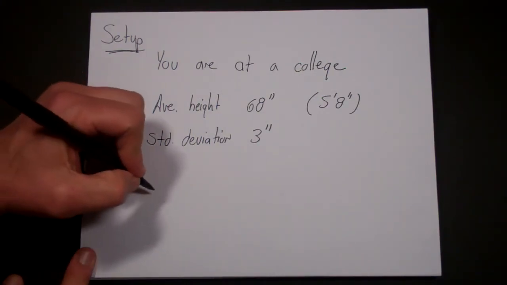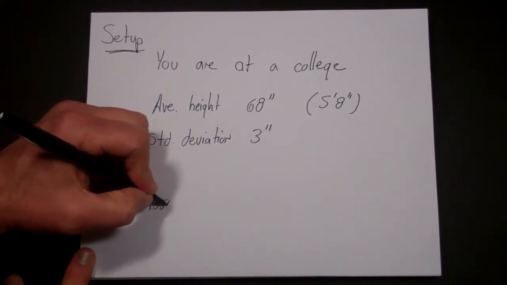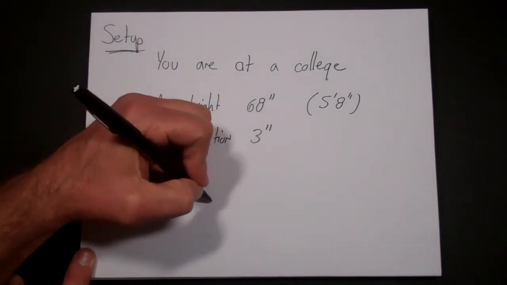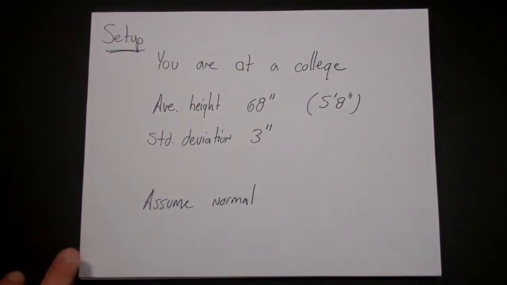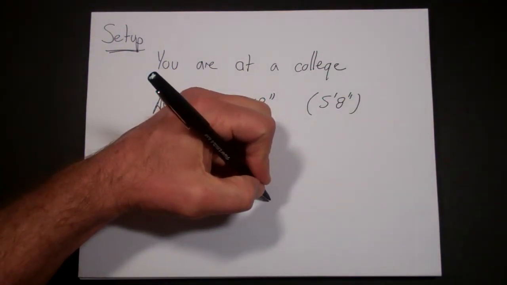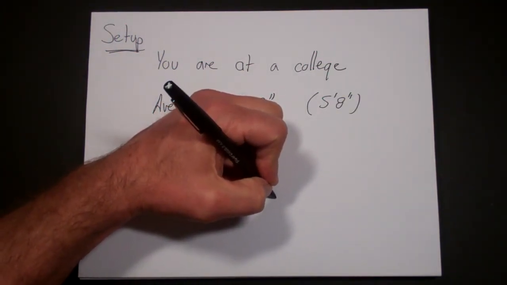And to make things simpler, let's assume that height is normally distributed. And that may not be the right assumption to make, but for our purposes, for this example, it illustrates nicely what two different problems we're looking at.